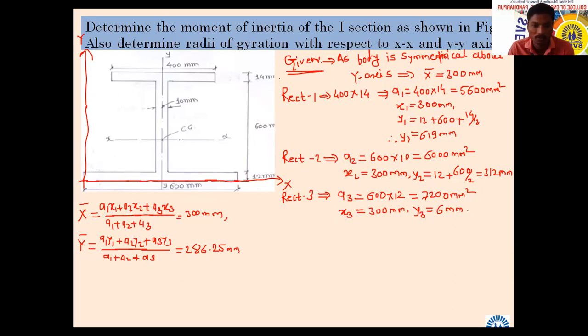Shall I locate it here? Maybe for this I will say G1. Here half of 600, so it may come where it is coming. Y2 is 312 and the centroid came at 286, so G2 will be somewhat above.